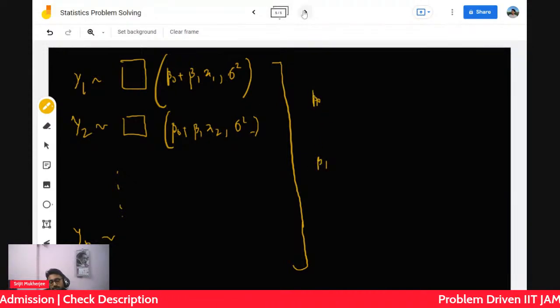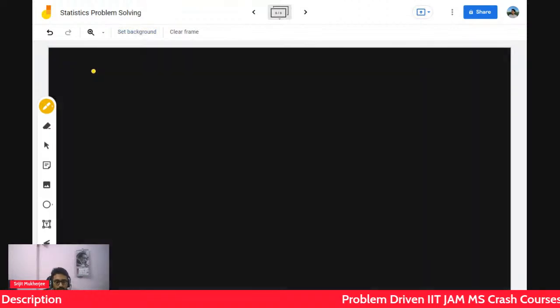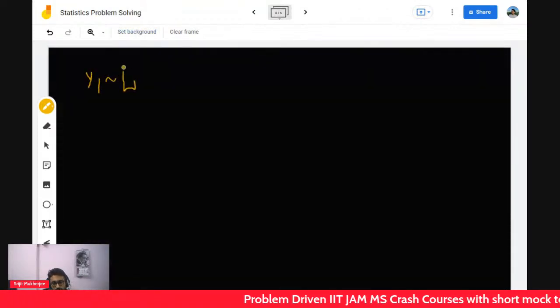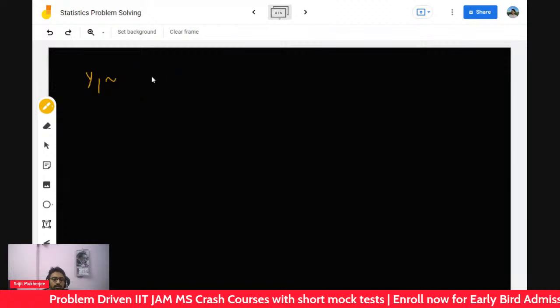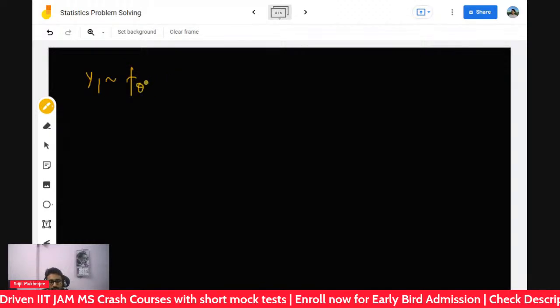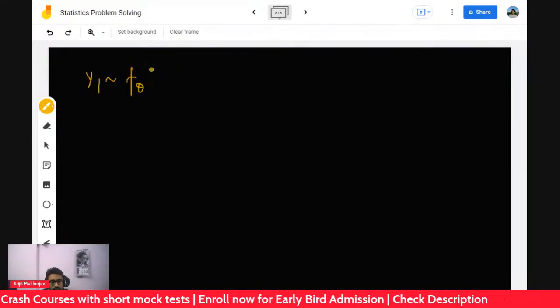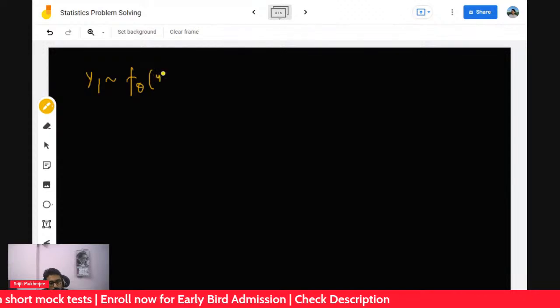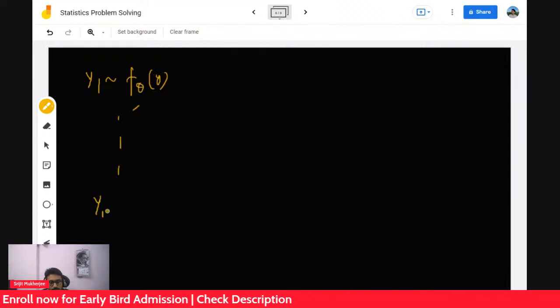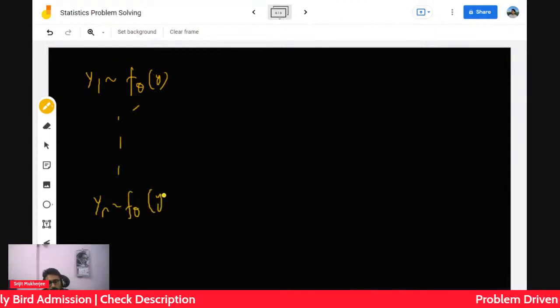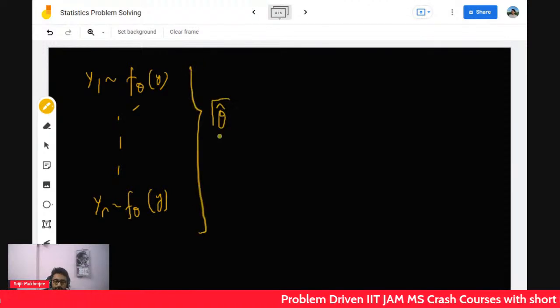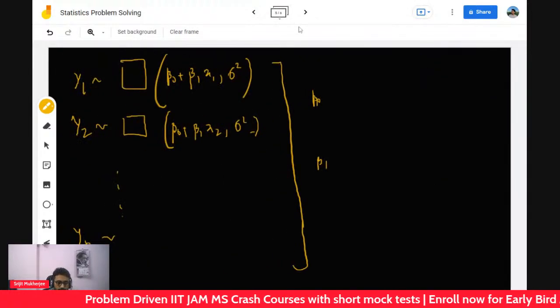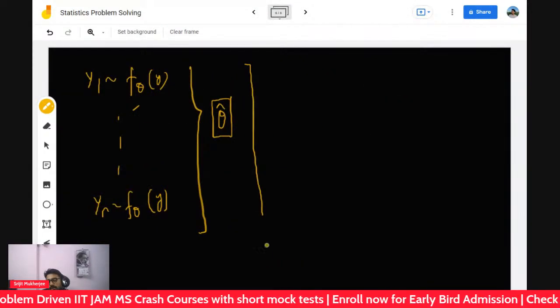So initially, what was the framework? Initially the framework was that y1 follows a certain distribution, a certain f of theta, and it continues. There the goal was to find theta hat. That was probabilistic in nature. How did they do that?